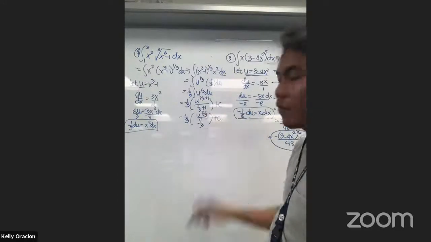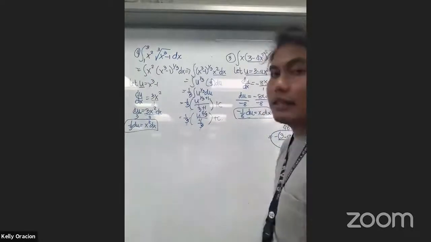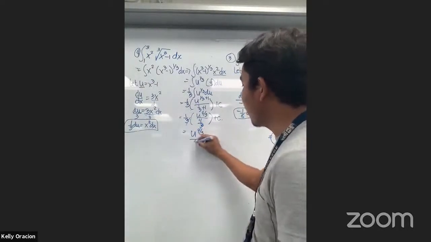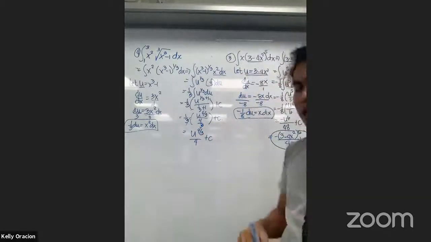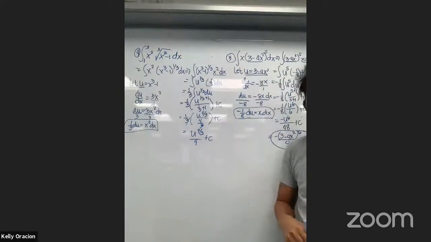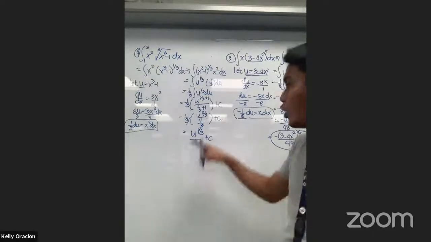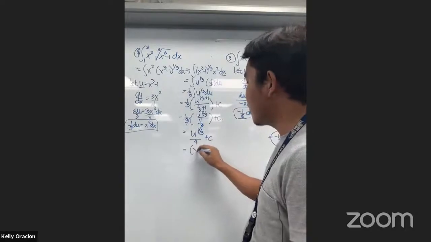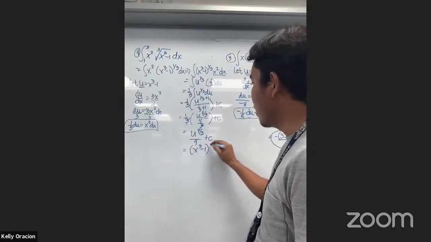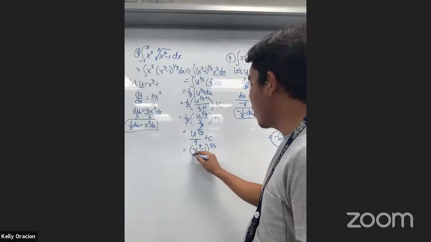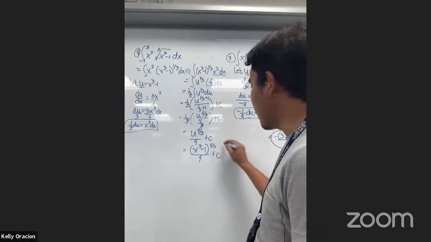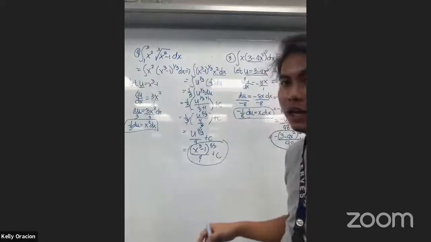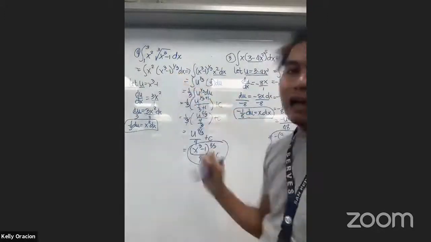Cancel. What remains is u to the 4/3 over 4 plus C. Then, it's still u, right? So we should transform it back to the original: x cubed minus 1 to the 4 over 3, over 4, plus C. So this is the antiderivative of this one.